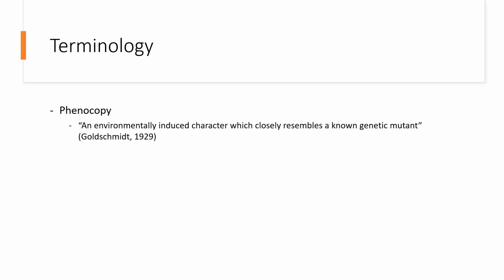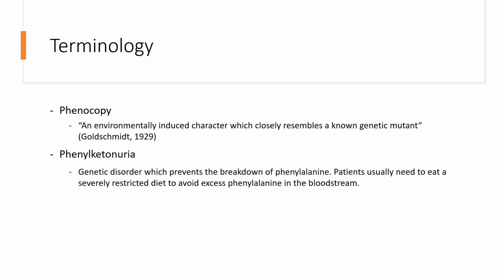That is, a wild-type genotype which is induced to exhibit the phenotype of a known mutant through environmental effects. While we will see throughout this presentation that this may be an oversimplification of the phenomenon, it is an extremely useful working definition to begin to explore the phenomenon of phenocopies.